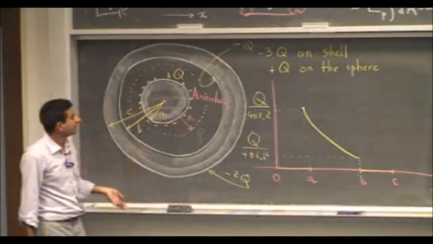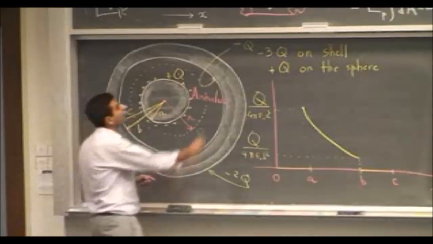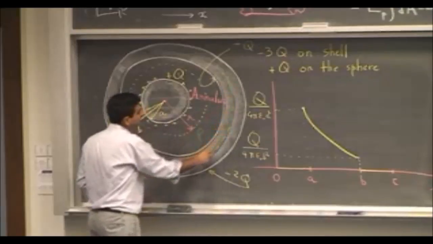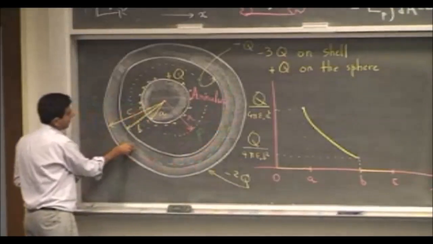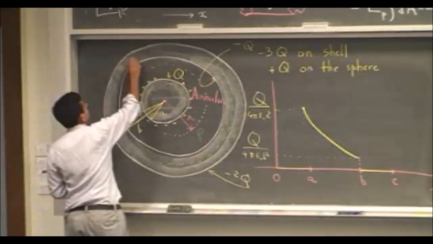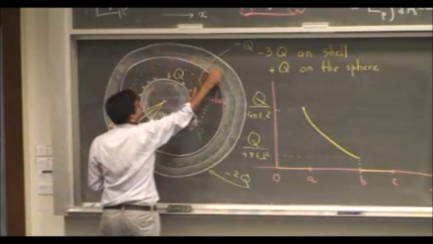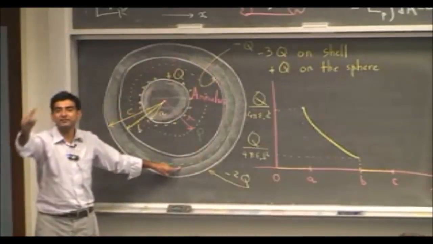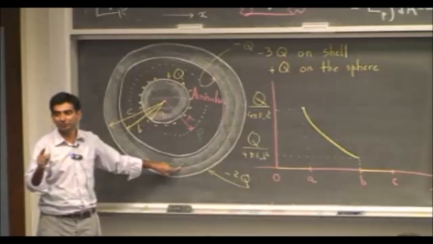Why is that? Because if I draw a Gaussian surface in the interior of this conductor, what is the electric field at the position of this Gaussian surface? 0.